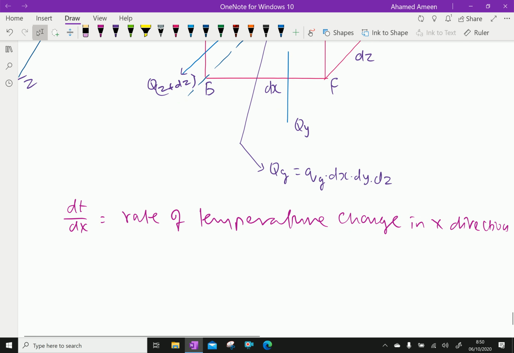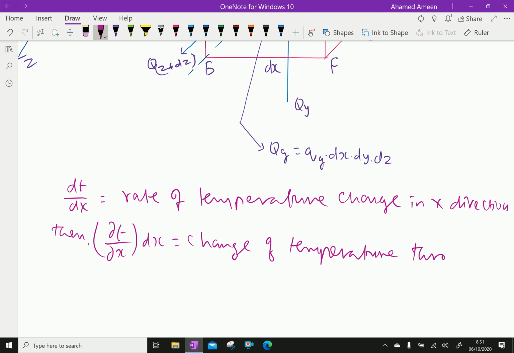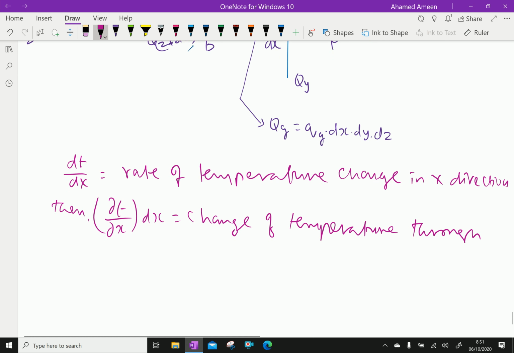Then you can say ∂T/∂x times dx is the change of temperature through distance dx.